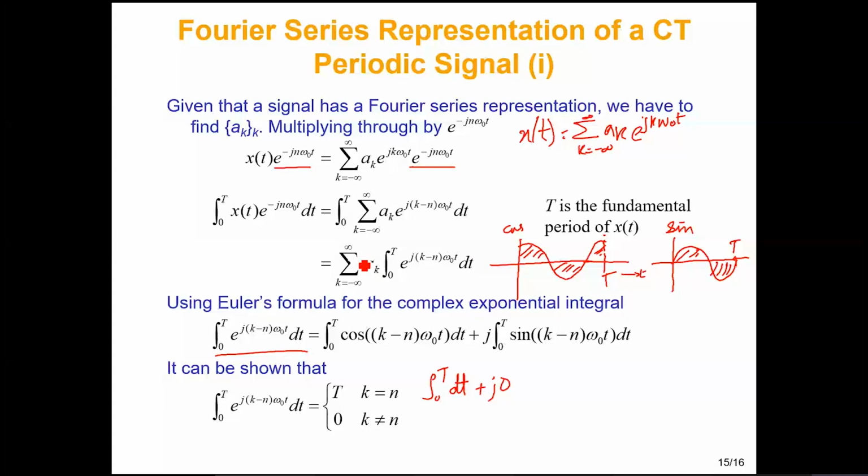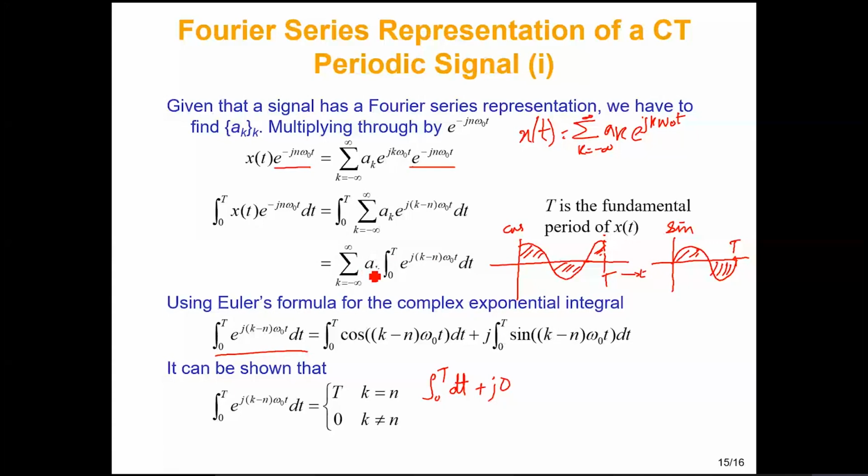So you have all these a_k multiplied by the integral value right here. As we keep changing the value of k, only at k equal to n does this integral end up giving us a value equal to T. And at all other values of k, this integral ends up giving us 0.